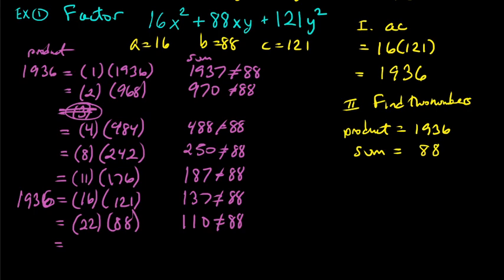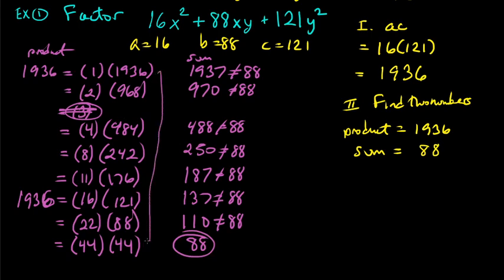Yeah, 44 works. So everything between 22 and 44 did not work. It's 44 times 44, and 44 plus 44 is 88. Okay, so it is factorable. It's not prime. We just had to go through a very long list here before we got to the one that works, and it does work.